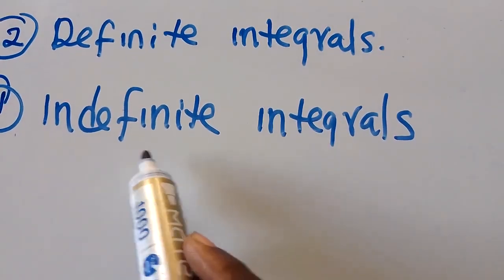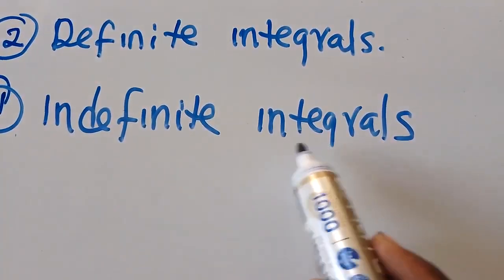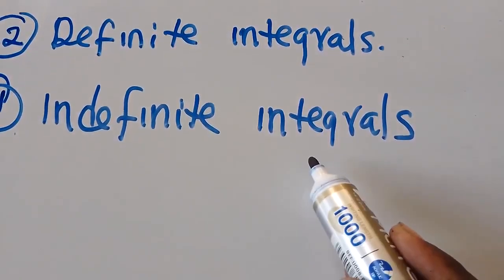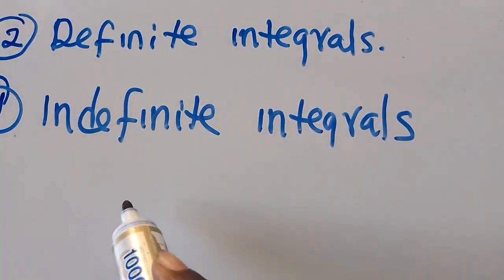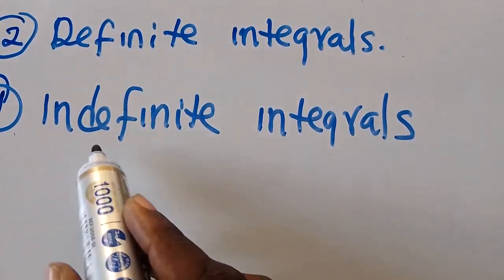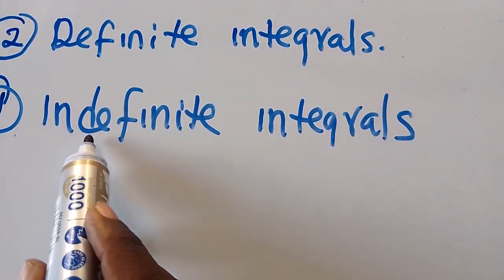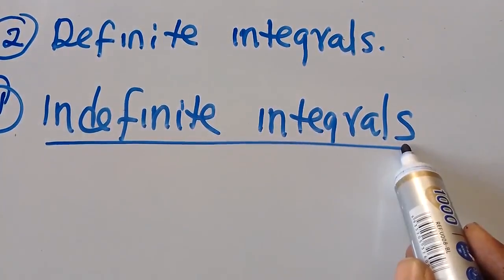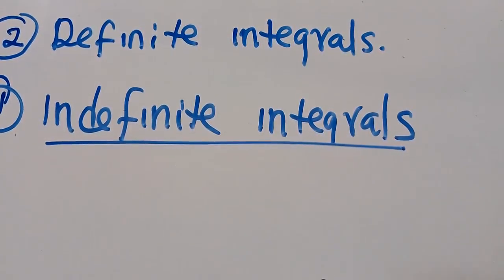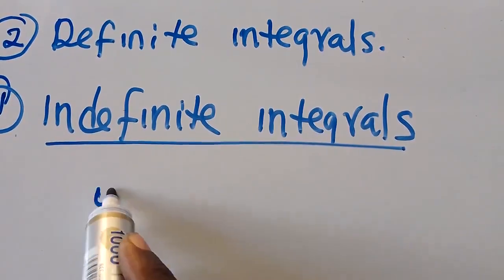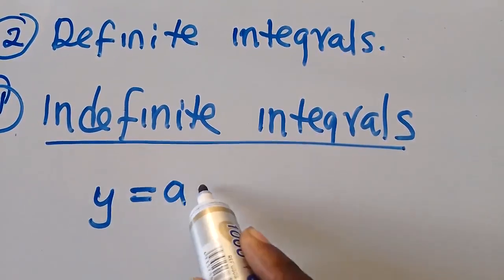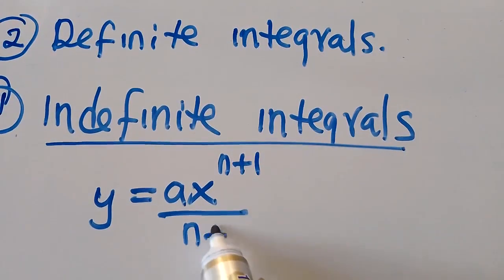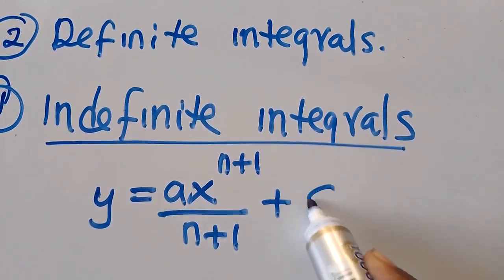So when you're talking about indefinite integrals, this is where we include a c. We include a c, where we've got y is equal to a x to the n plus 1 over n plus 1, then we say plus c.